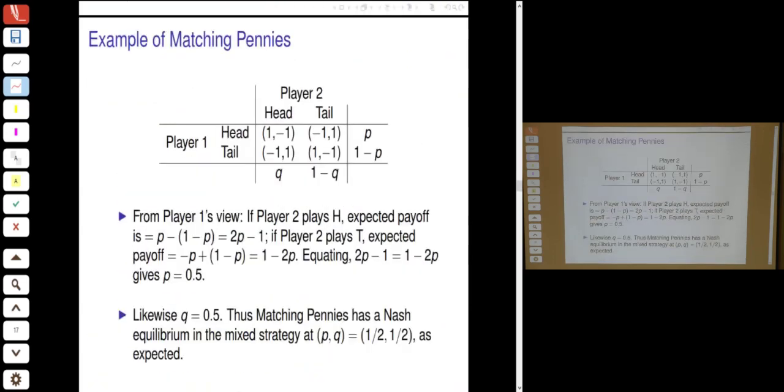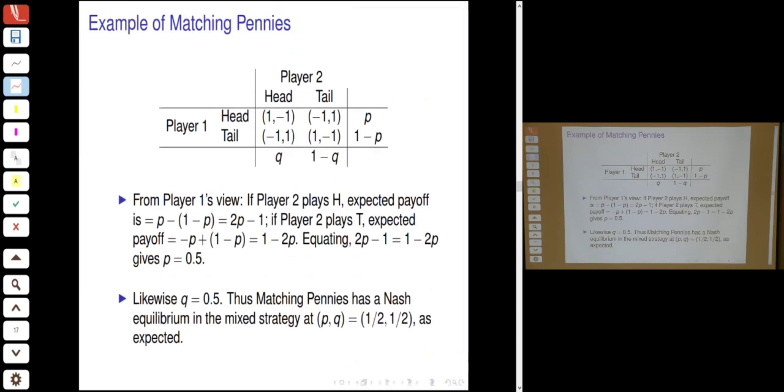So let's take another example, which is the game of matching pennies. There are two players, player 1 and player 2. Both of them toss a coin. If the result of both the coins is the same, that is, both are head or both are tail, player 1 wins one and player 2 loses one.